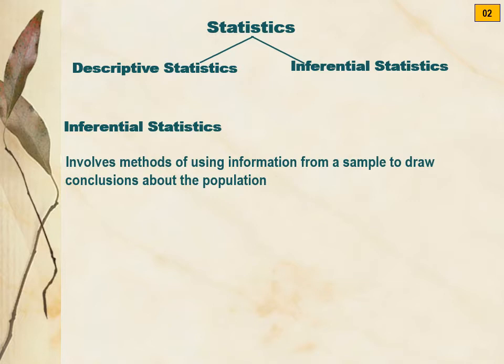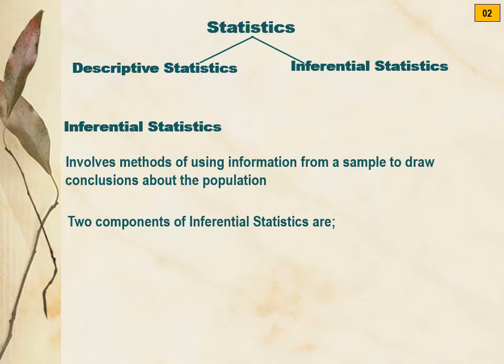We analyze the sample, we apply appropriate formulas, and then we draw the conclusion about the population from which the sample has been drawn. That is, inferential statistics means those methods which are used to analyze the sample information to draw the conclusion about the population in general.